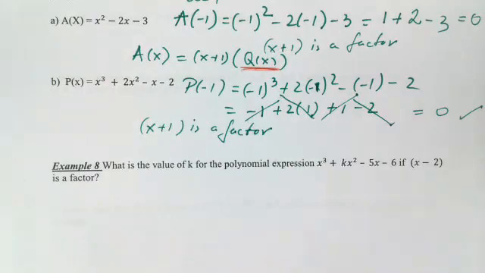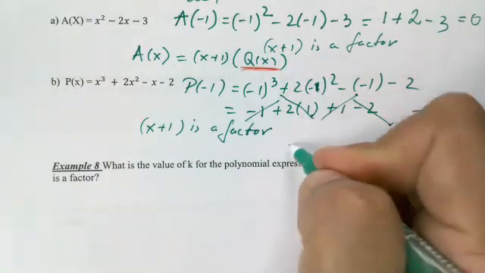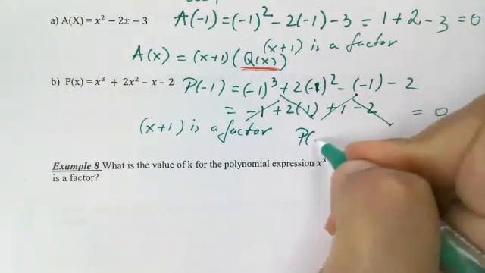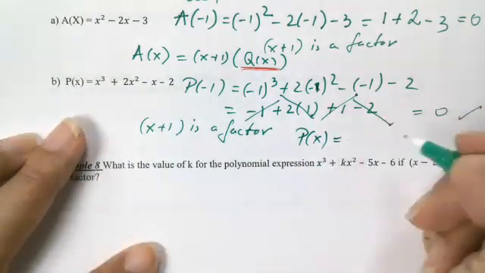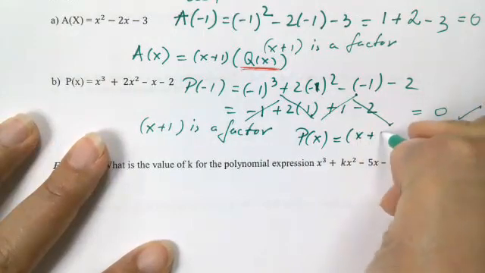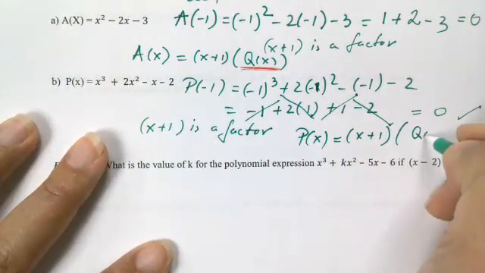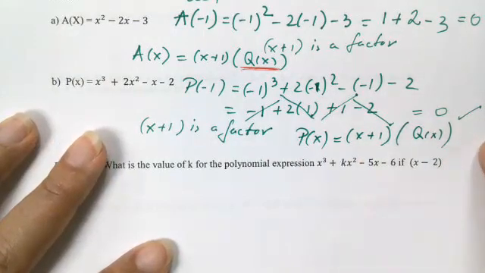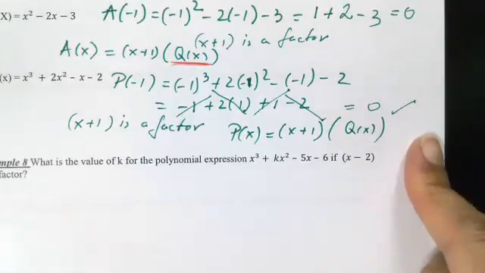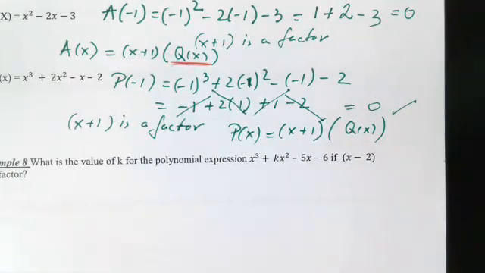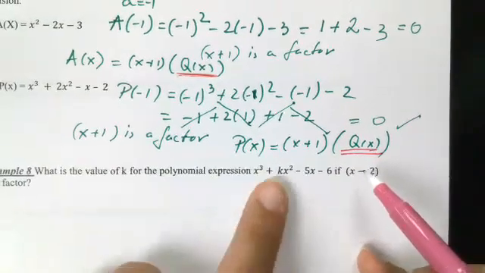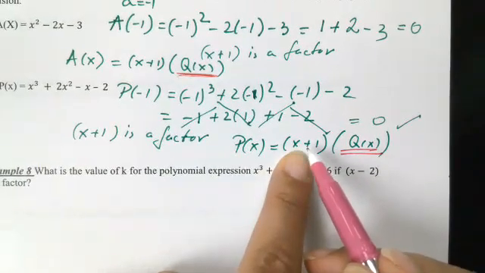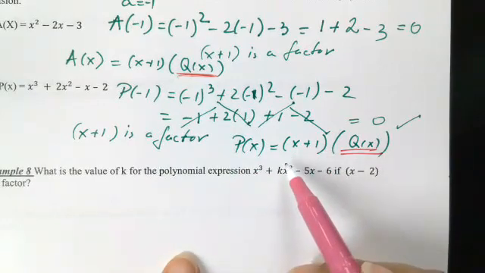If I would do the statement for the division, P of x will equal x plus 1 times q of x. Again, no remainder, because that's what it means by being a factor. And I don't know what q of x is, but I do know what the degree is, because I'm dividing by the factor that's a linear, and I'm starting with a cubic.